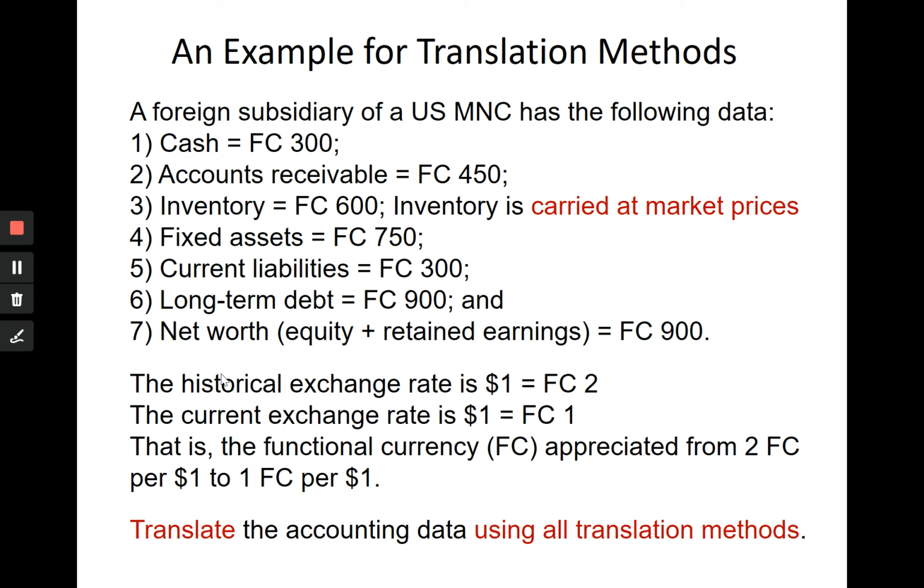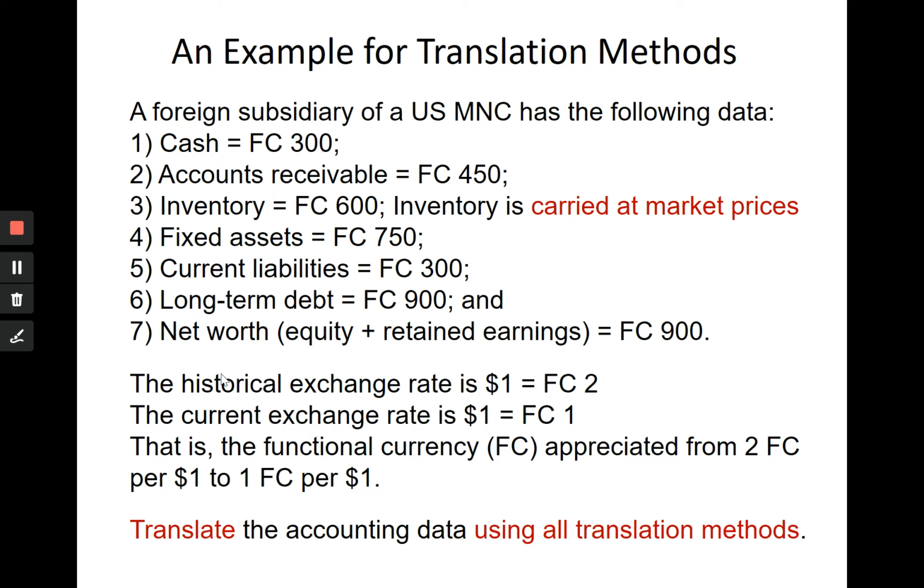Then we go to our fixed assets, our long-term assets. We have 750 units of, again, functional currency, or simply call it foreign currency, worth of long-term assets. Then we go to our current or short-term liabilities. All of them are added up. These are usually three different accounts.